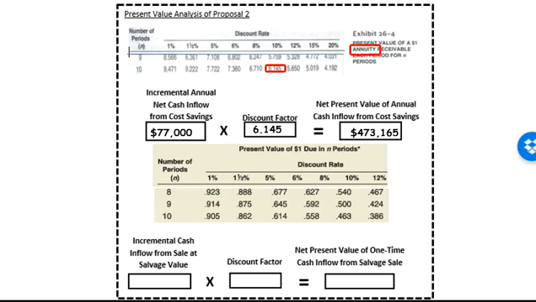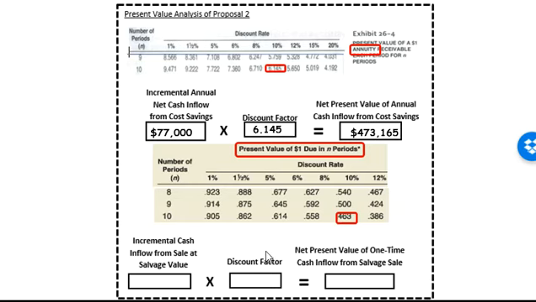Now we need to determine the present value on proposal 2 from our one-time salvage value payment at the end of year 10. So again, we're going to use a present value of $1, a single payment due in a single year. We're going to discount it at 10% for 10 years, so the discount factor is 0.463.